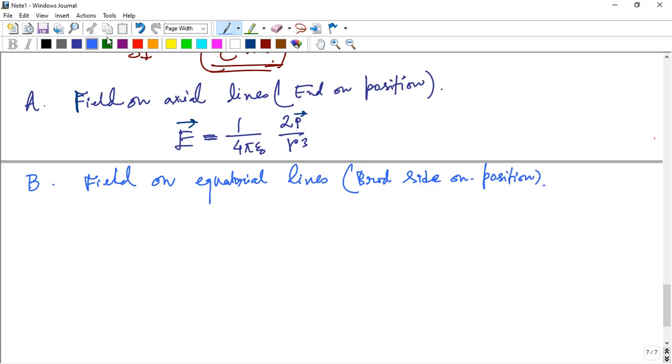So the final expression is that E, obviously a vector, is 1 over 4 pi epsilon naught times the dipole moment P, obviously a vector, by R cube.